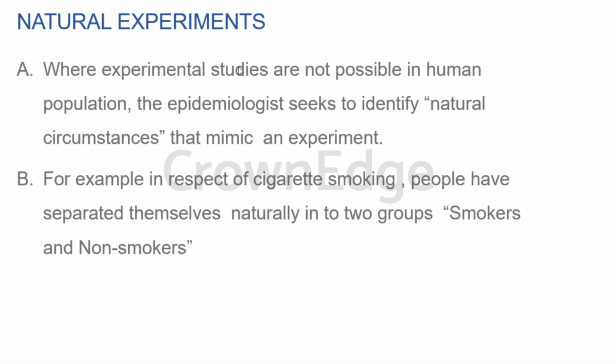So you already have people who smoke in the community. You just naturally divide them into smokers and non-smokers. They are natural groups. You are not creating or adding anything there. It is already present, and you just divide the two and see what effect it has.